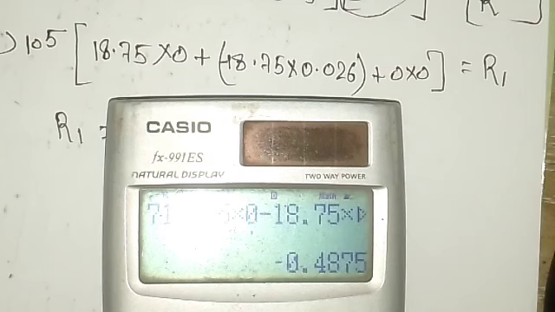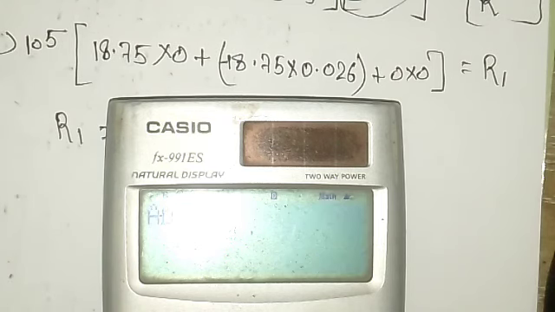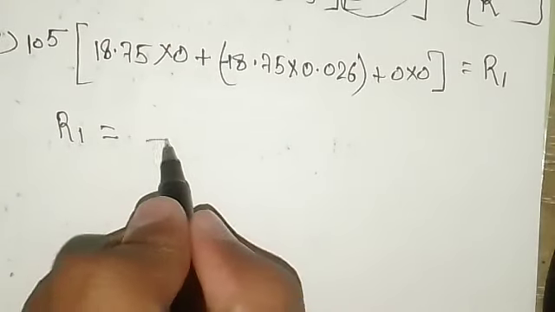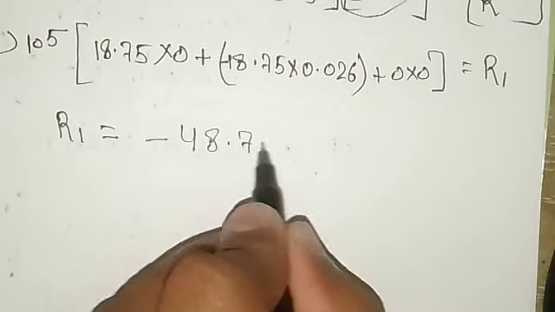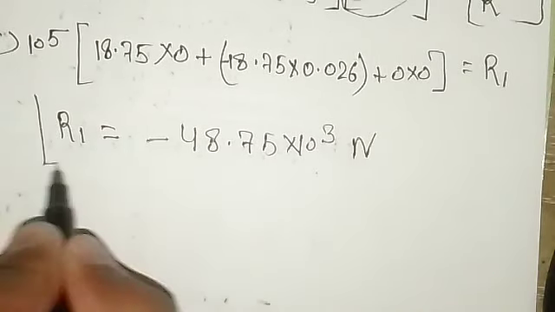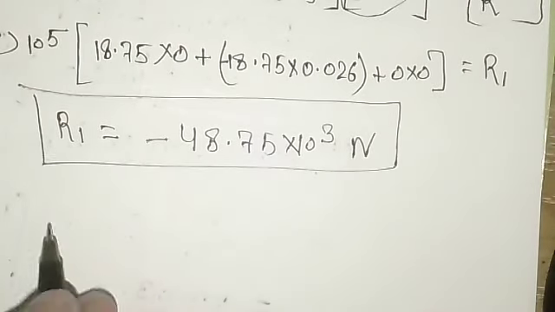It comes like this, minus 0.4875, and 10 to the power 5 is multiplied. So on simplification you will get minus 48.75 into 10 to the power of 3 Newton. Minus sign means the reaction is acting towards the left.